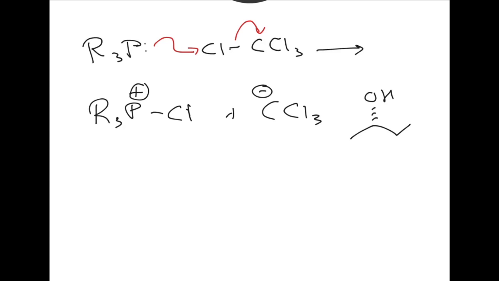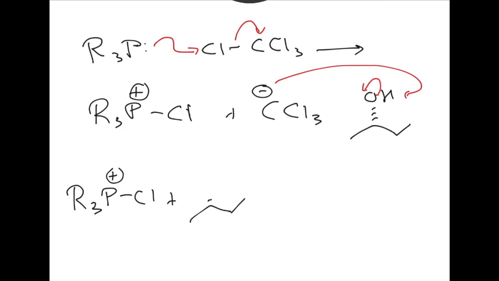So instead of my carbanion adding to my phosphorus, my carbanion is going to act as a base, and it's going to grab this hydrogen, kick electrons onto the oxygen, and I'm going to have a negatively charged oxygen, and make chloroform. HCCl3 is chloroform. Now my alkoxide can add to the phosphorus and kick off the chlorine.